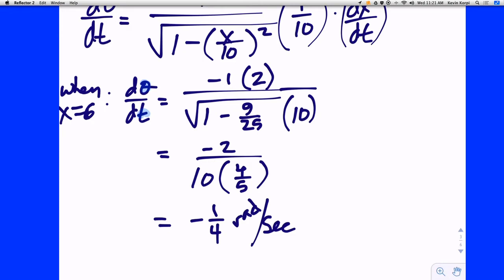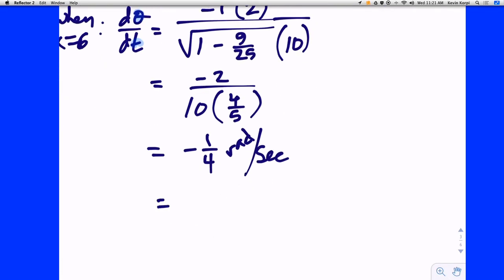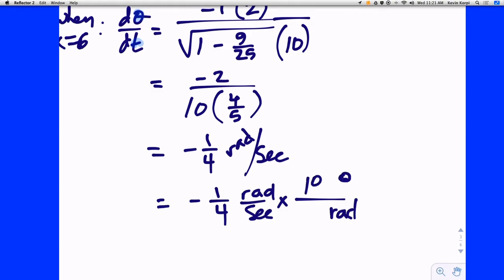Radians per second. Now, if you wanted to convert it to degrees, let's go ahead and see what that would be. Negative 1/4 radians per second. You could multiply by radians and degrees. And what's the conversion factor? 180 over pi. You want to do that?